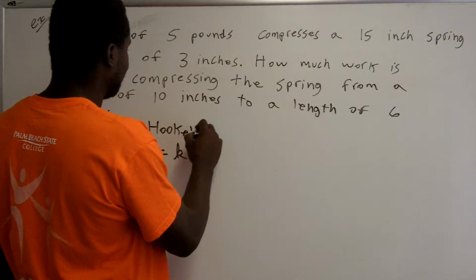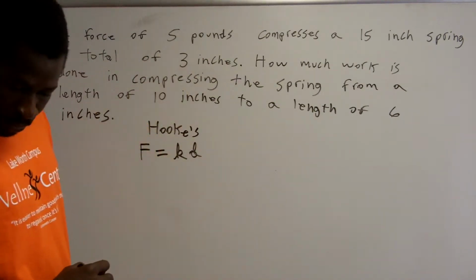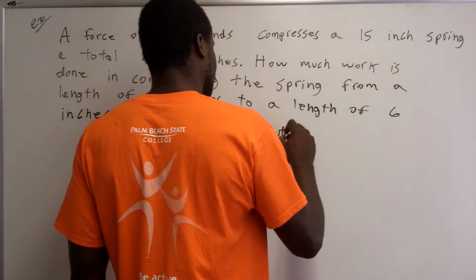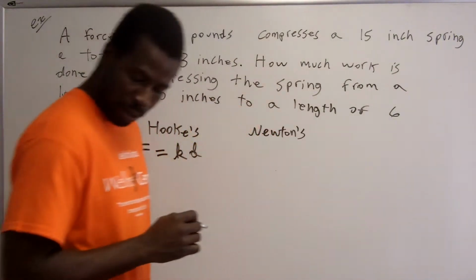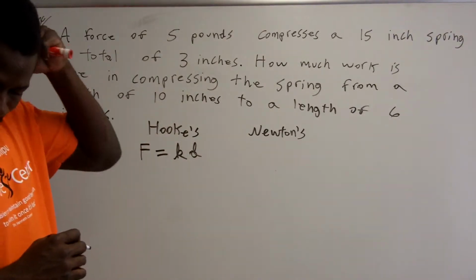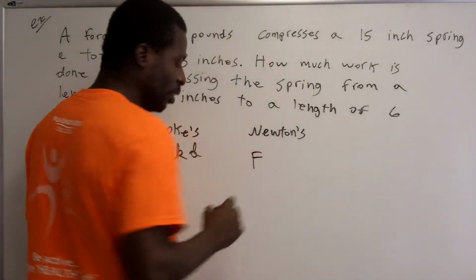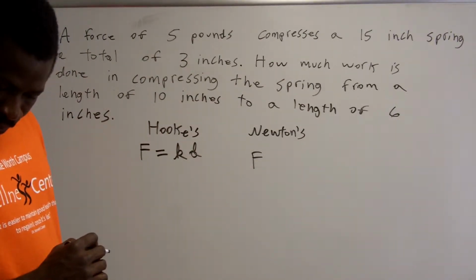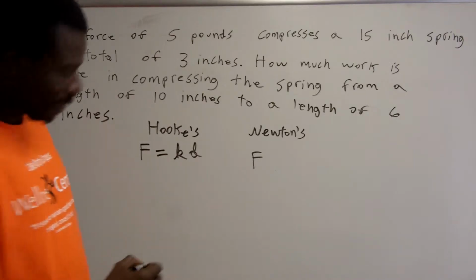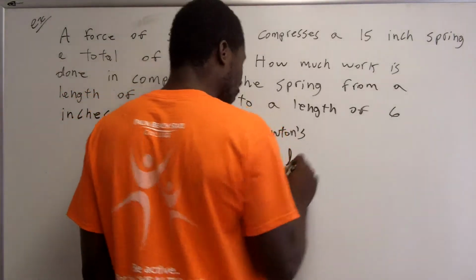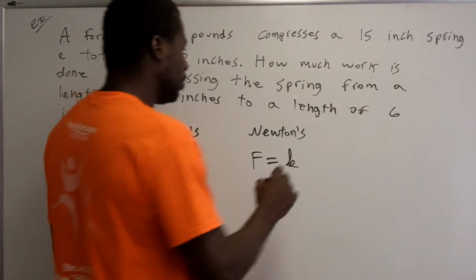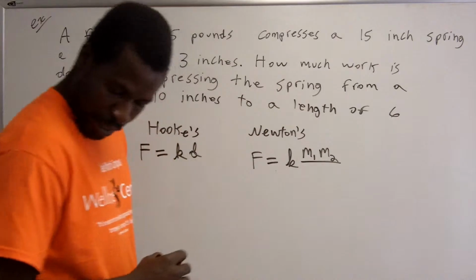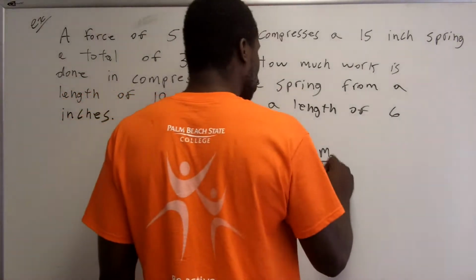And the other one that we might want to employ would be Newton's law. Newton's law of universal gravitation says that the force of gravity produced by two masses is equal to some constant times the product of those masses divided by the distance between those two masses squared.